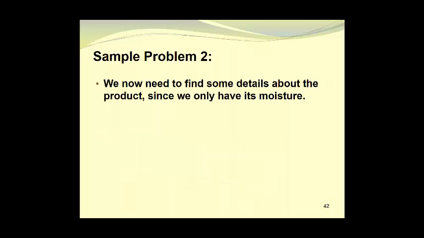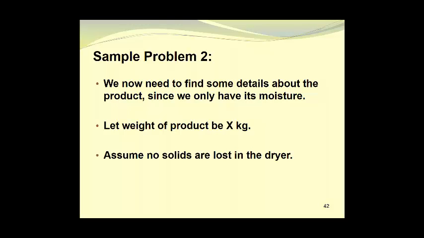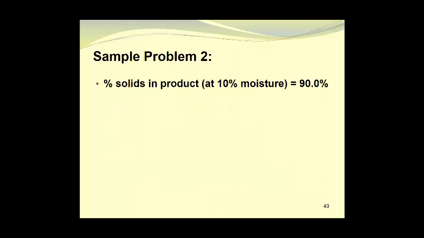We now need to find some details about the product, since we only have its moisture content. We have already let the weight of the product be X kilograms. We can assume that no solids are lost in the dryer, so the weight of the solids in the feed will equal the weight of the solids in the product. The percent solids in the product at 10% moisture will be 90.0%. The weight of the solids in the product can be represented by 90% of X, which is 0.90 times X, and that will be equal to 42.5 kilograms.